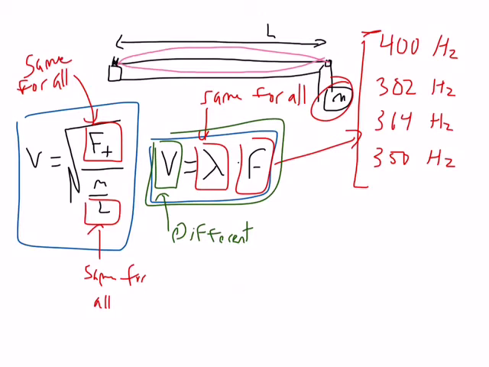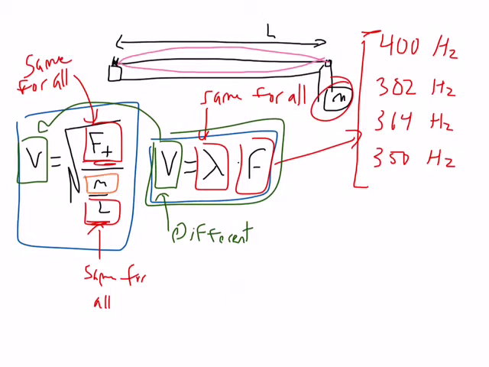And so we've established that the velocity is different. So for V to change, if these two pieces are always the same value, there's only one thing left to consider, and that's the total mass of the string.